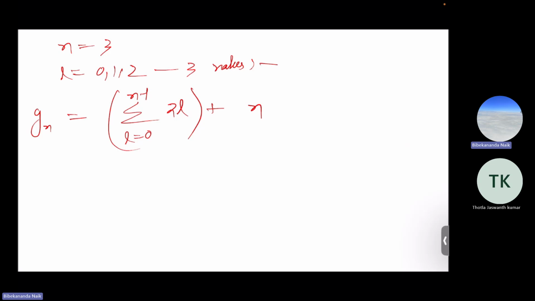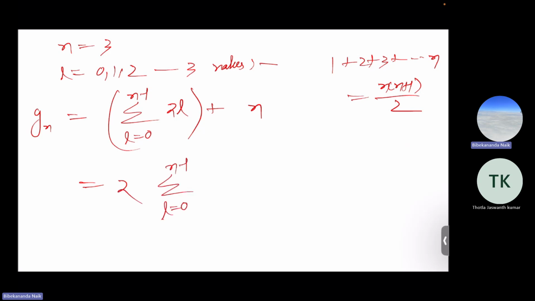Now what will be the value of the summation? We know that 1 plus 2 plus 3 up to n is given by n into n plus 1 by 2, isn't it? So here 2 will be taken as common, and then it will be the sum over L equals 0 to n minus 1.